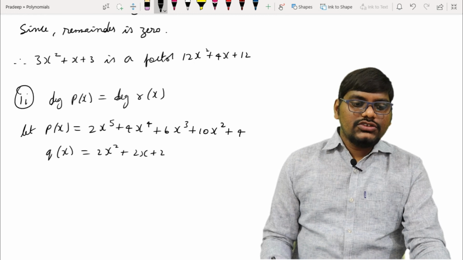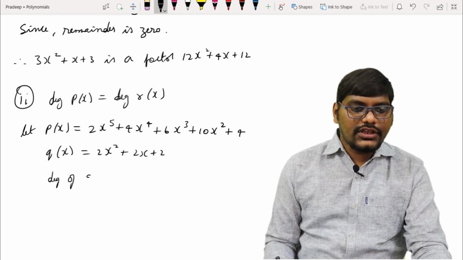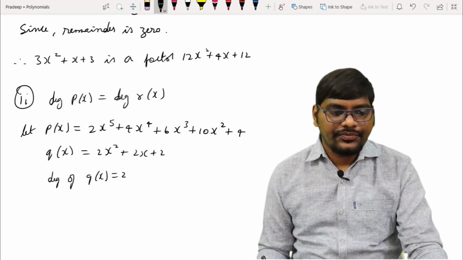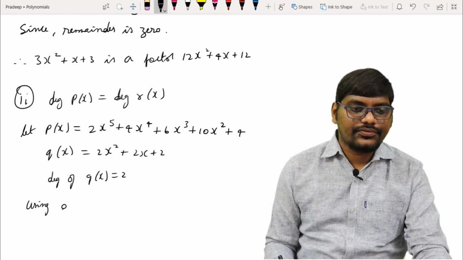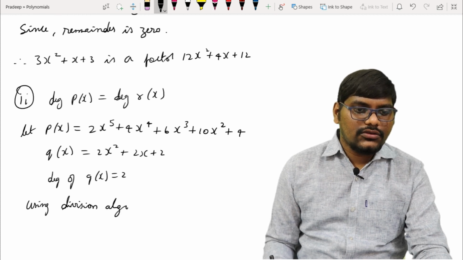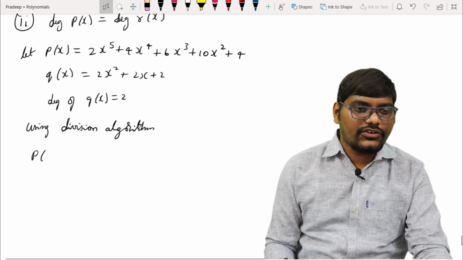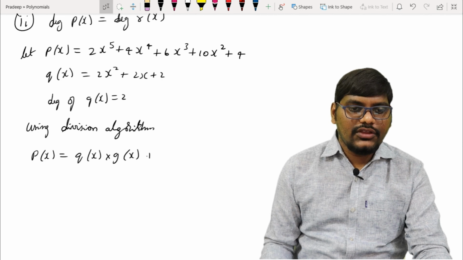So what is the degree of q of x? 2 is the degree of q of x. So we'll write here using the division algorithm. What is the division algorithm? That is p of x equal to q of x into g of x plus r of x.